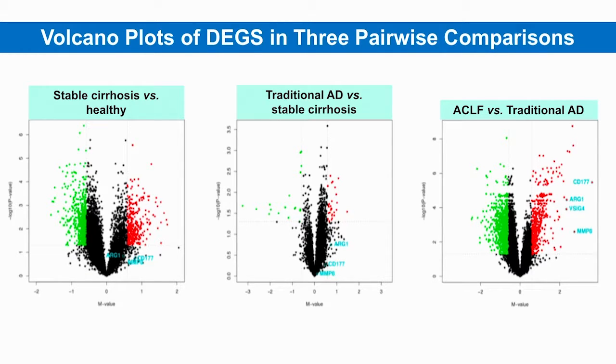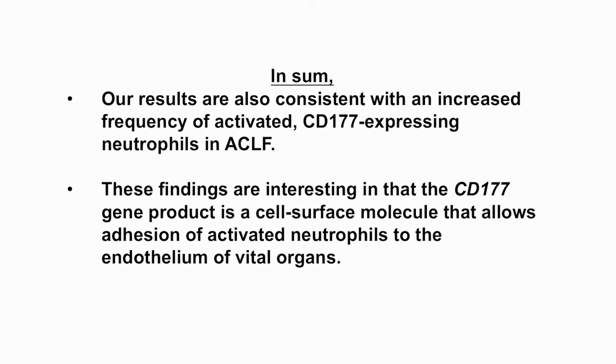And this is a very important result because we know that CD177 is a surface marker which allows adhesion of activated neutrophils to the endothelium in vital organs. Therefore, we are now looking at the role of this neutrophil in the induction of organ failure.